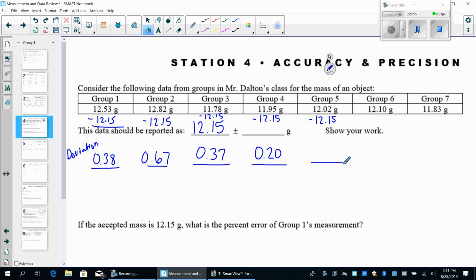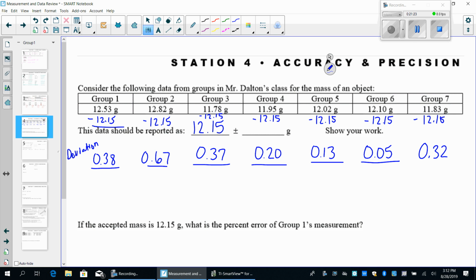This group deviated by 0.13. This one by 0.05. And this one deviated by 0.32.